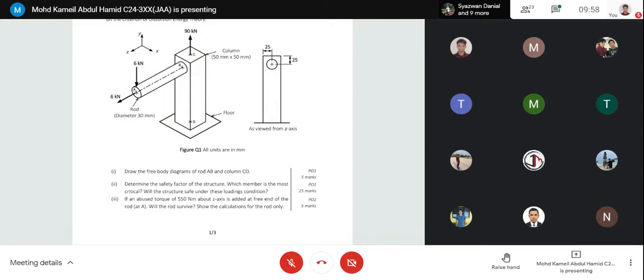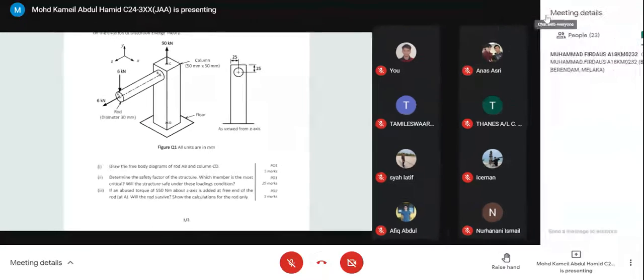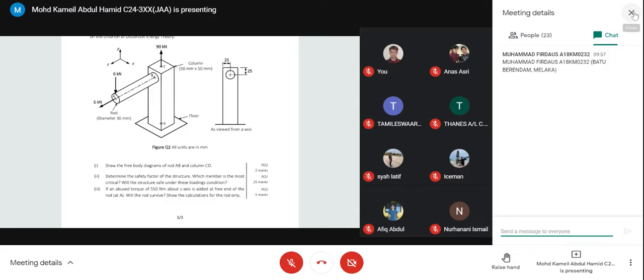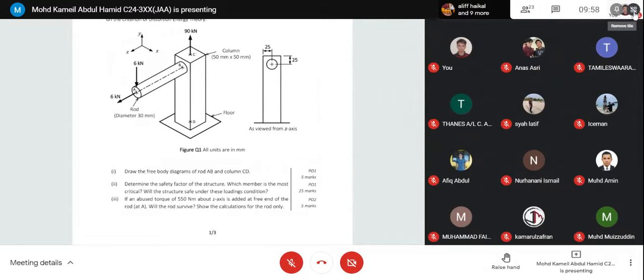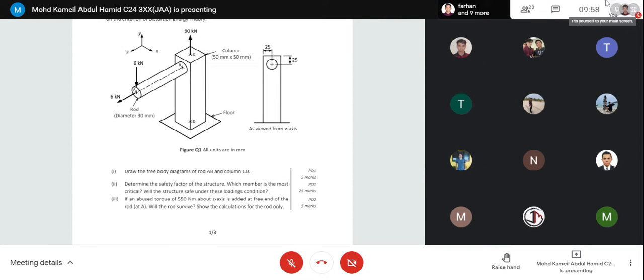Kamarul Zafran, okay ke Kamarul Zafran? Kamarul, dengar tak? Mana Kamarul? Tadi lama masuk ada. Haris, ada tak Haris? Ikram, mana semua dah hilang?